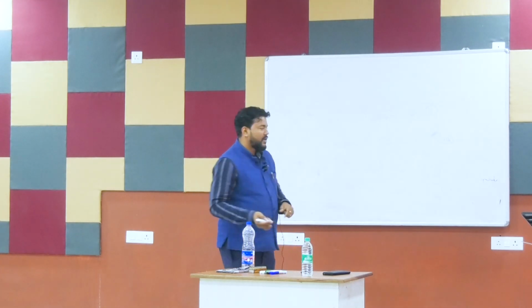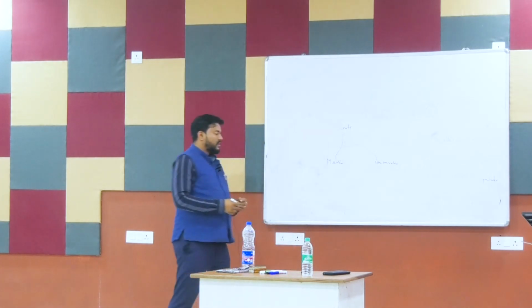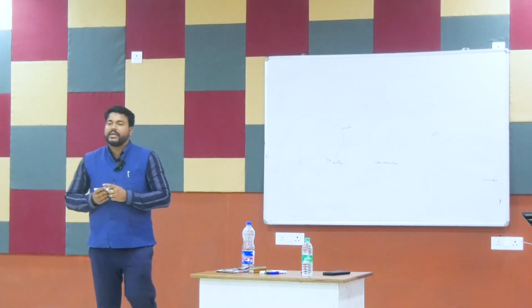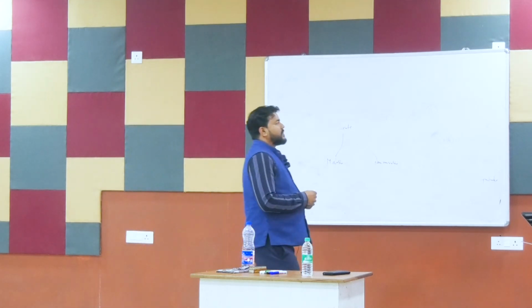How many joints are there in your body? This is an MCQ question. Around 360. So there are some movable and non-movable joints. Movable joints are mainly synovial joints. So in rheumatoid arthritis, there is inflammation of synovial joints mainly.